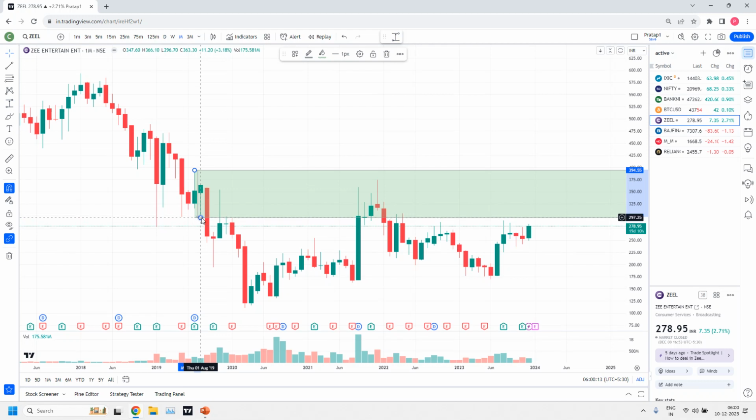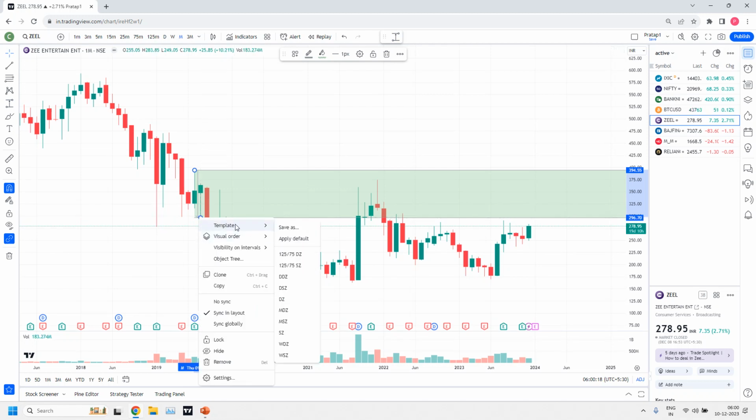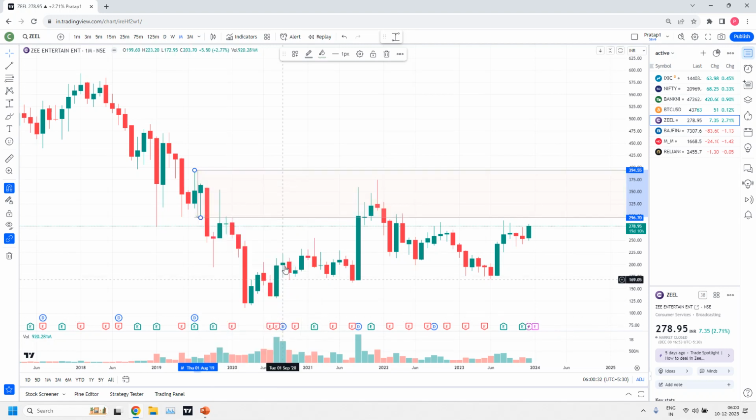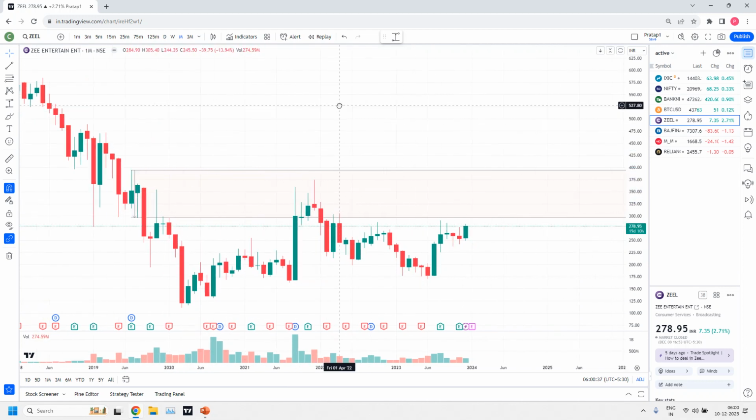But this is a supply zone. Which supply zone? Monthly supply zone. We have already created templates. I explained in the previous practical session. So as per that, the color selection will be there. Because this is a monthly zone, I am selecting monthly supply zone, MSZ. This is the template. So we got a very light red color for monthly time frame zones.